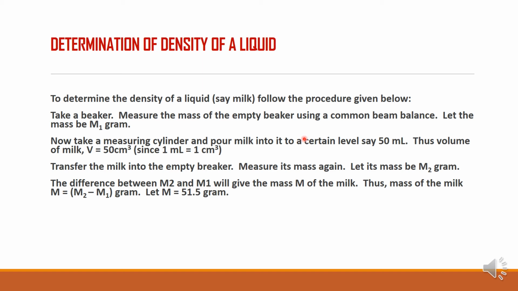So how will you find the mass of the milk? Mass of the milk will be 150 minus 50. So that will be how much? 100 grams. So that means milk is 100 grams. And then mass we got, then volume 50 ml. So we divide 100 by 50 and we can get the density of the liquid.